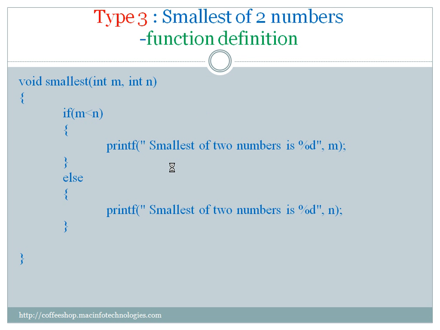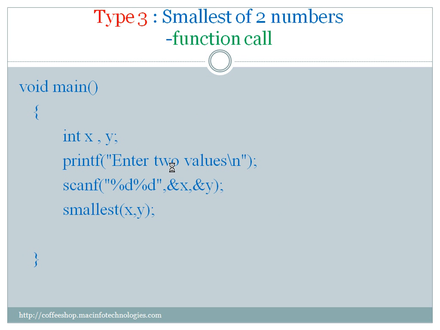We see type 3. In this we have a return type void. We're not returning any value, but the function is taking 2 values from the calling function. So this is a function which gives the smallest of 2 numbers. If the value of m is less than n, it says smallest of 2 numbers is m. If the value of m is greater than n, it says smallest of 2 numbers is n.